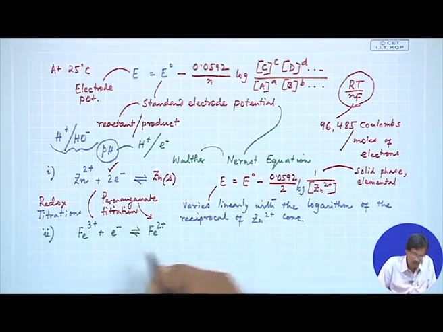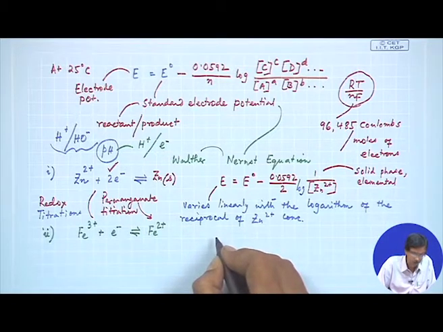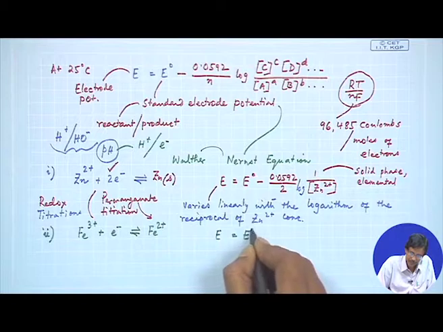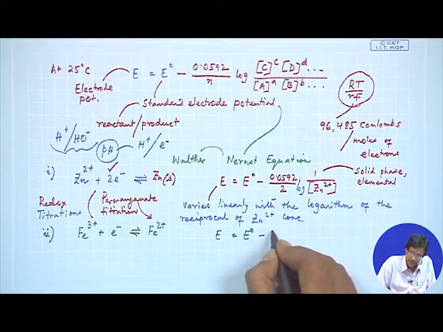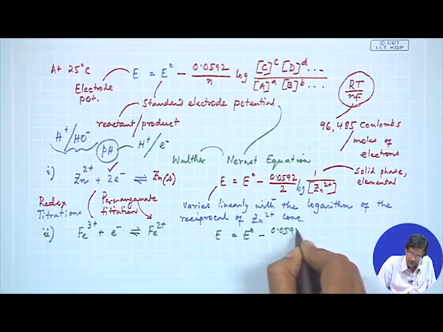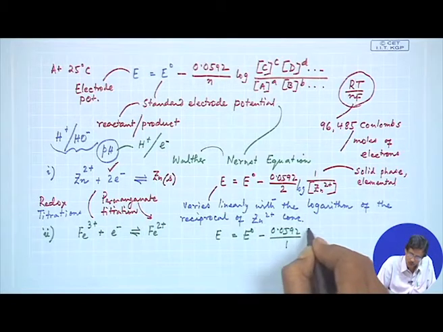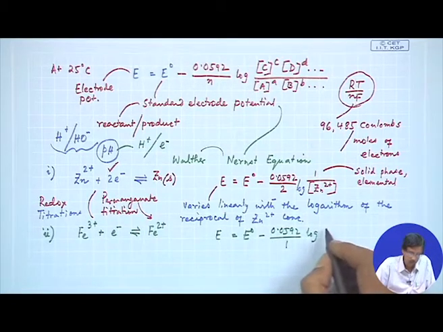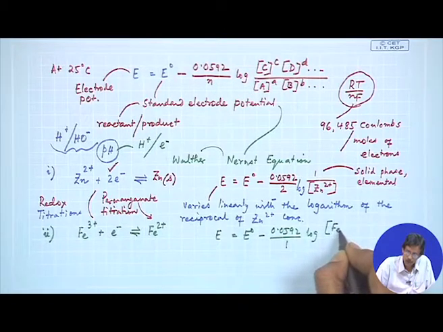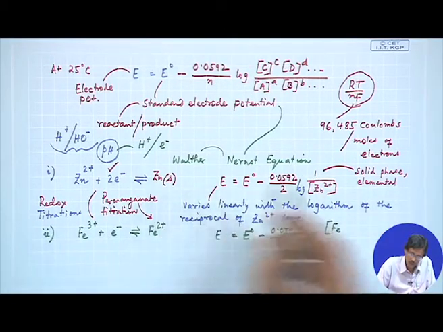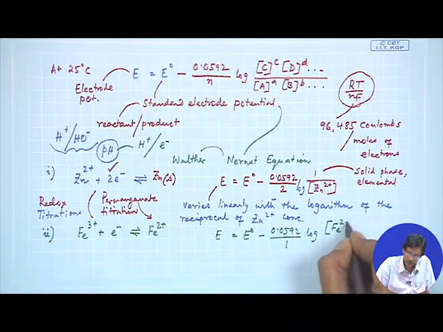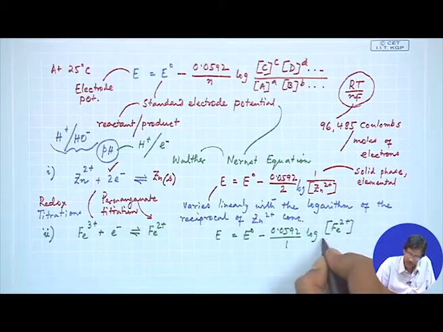The Nernst equation for electron transfer on the ferric ion will also give you the same type of relationship. Directly we should write that as 0.592 by 1, one electron transfer, do not miss the log now. Log of, now you cannot ignore, like 1 for the solid zinc, it is now the ferrous ion, the reduced form, and the ferric ion.